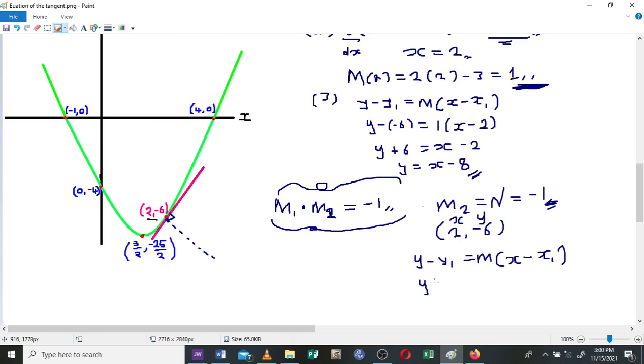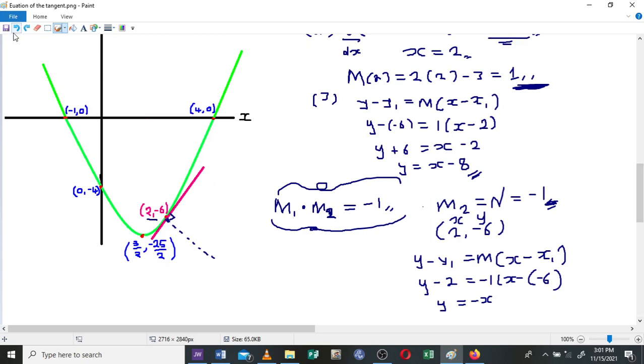It's very important. So we have our y1, our gradient is -1, and we have x there, and we have -6. So you can just see what this will give you. Look at this: we're going to have y is equal to -x, plus 6, that's -6.